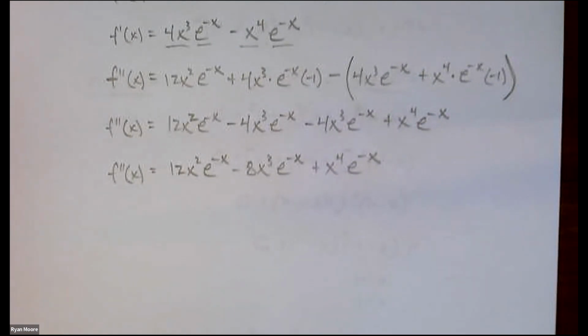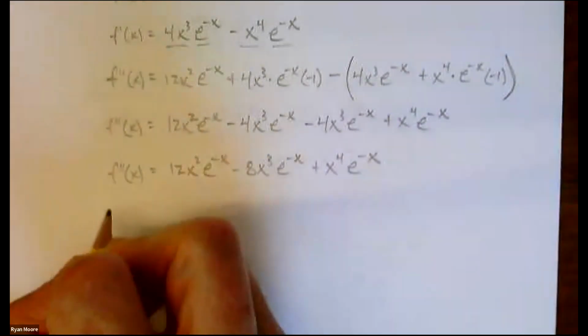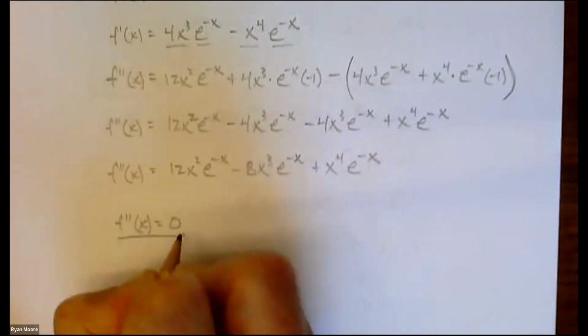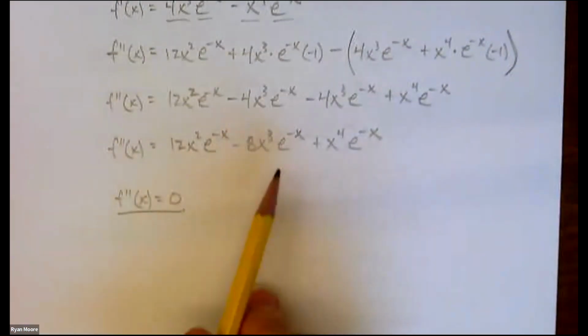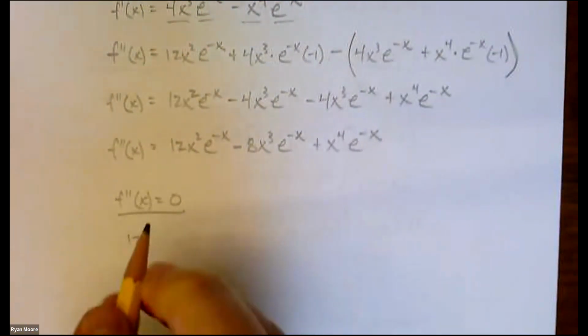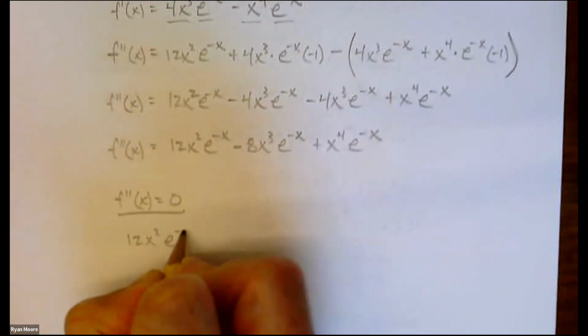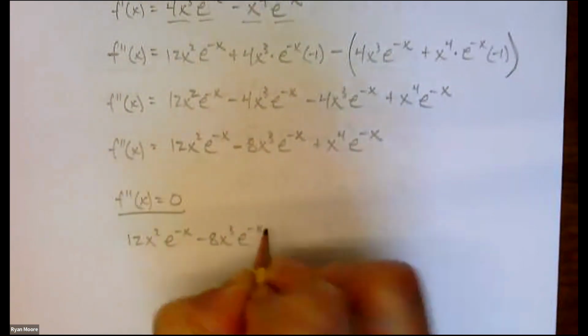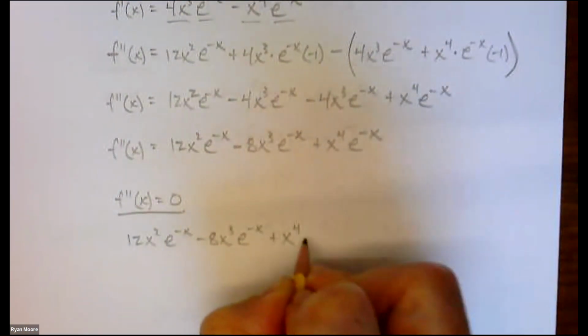Now that we have our second derivative, we need to figure out where this will equal 0. This sounds really bad, but you did it all carefully and you simplified. It actually isn't quite as bad as it seems.